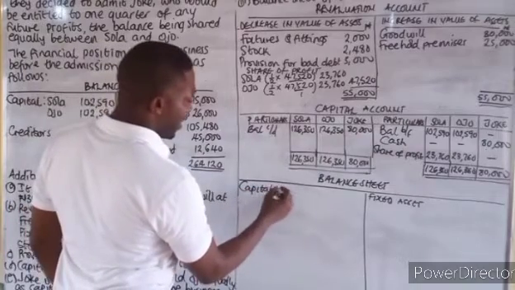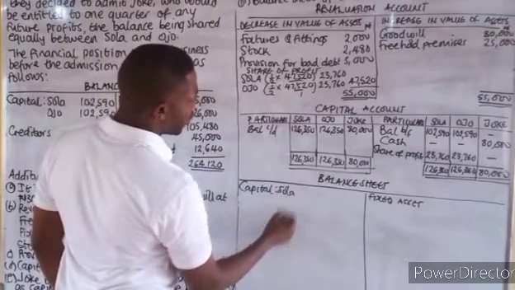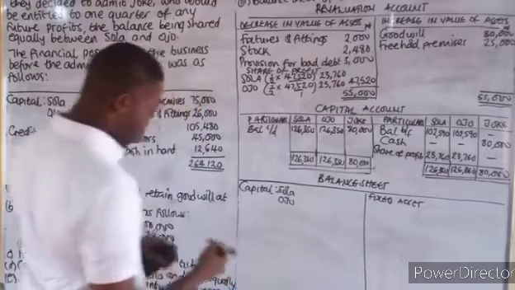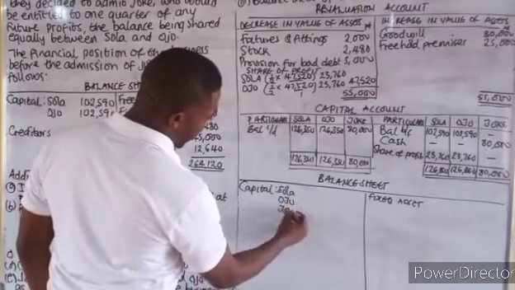The capital is contributed by Solar, Ojo, and Joke.